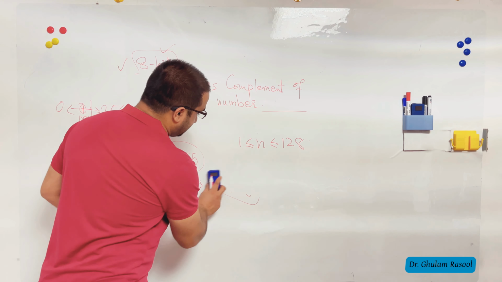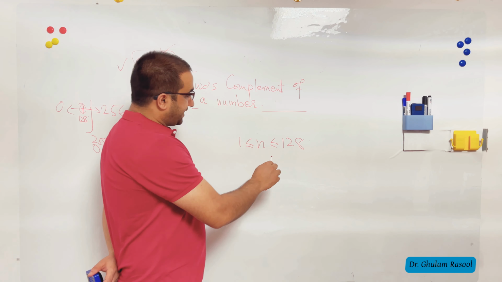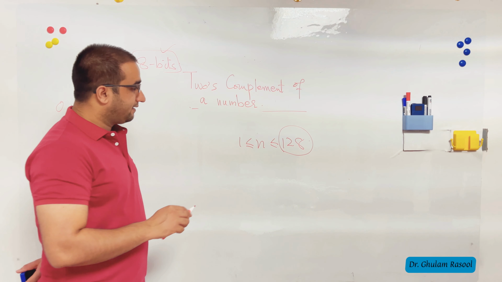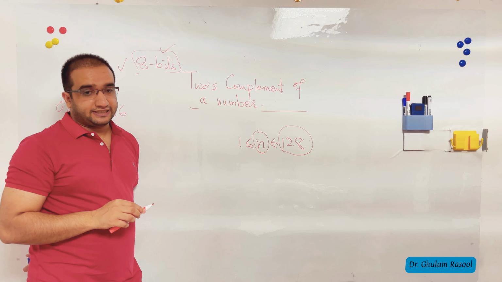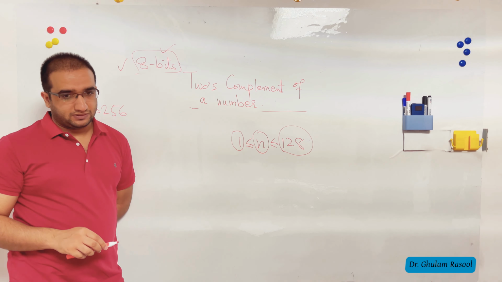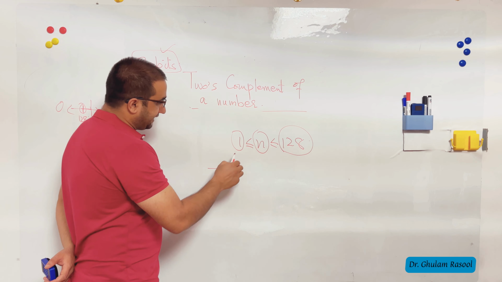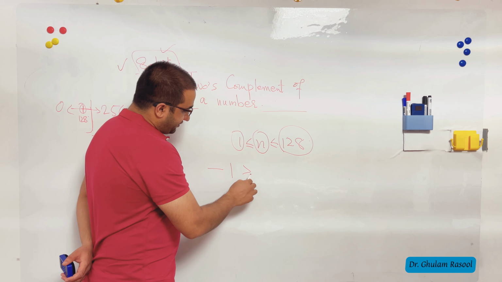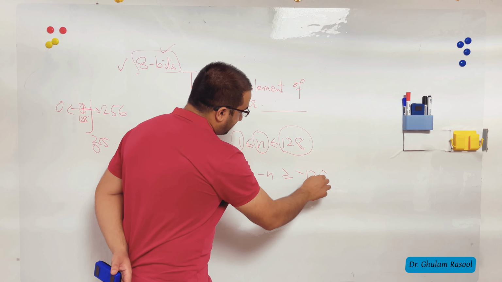So I am saying that this perfect power of 2 is the upper bound for any decimal number in the system and 1 is the lower bound. Now if you multiply this whole thing by a negative, the inequality will change. Am I right?